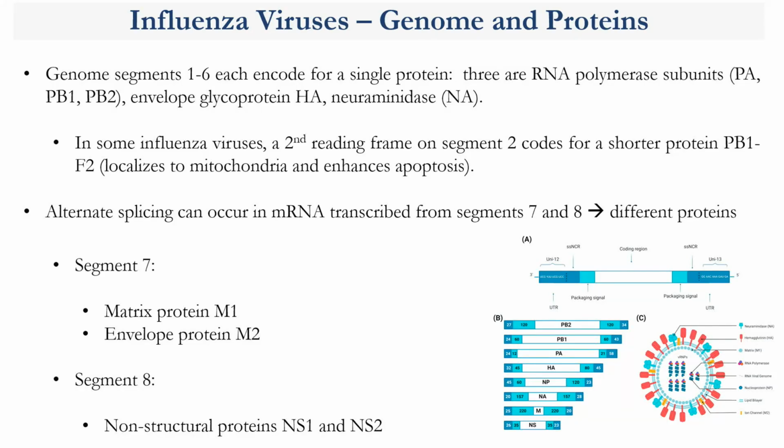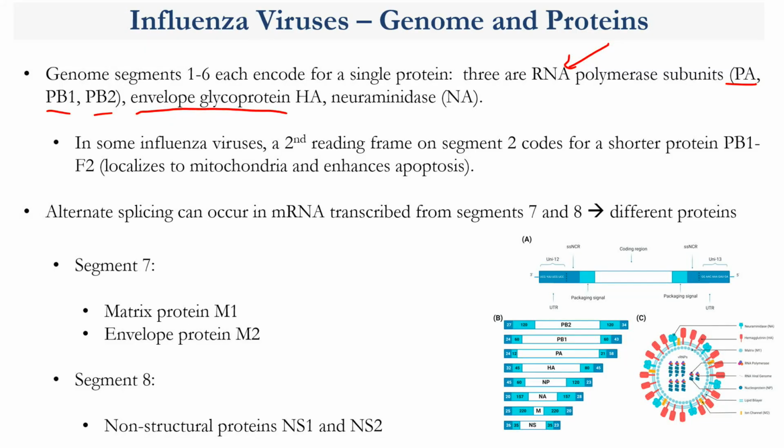Three of them are RNA polymerase subunits, called PA, PB1, and PB2. These are the three RNA polymerase subunits that are encoded by these fragments. It also encodes the enveloped glycoprotein HA as well as neuraminidase that we have seen before.